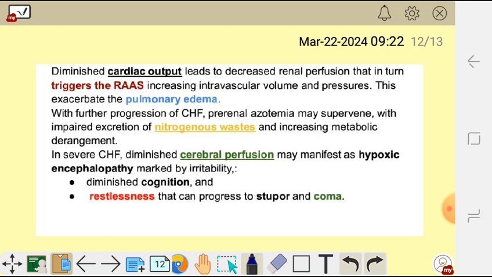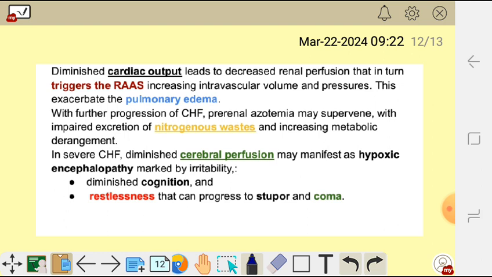Once renin is released, it is going to convert angiotensinogen into angiotensin 1, and angiotensin converting enzyme is going to convert angiotensin 1 into angiotensin 2, and that angiotensin 2 is going to cause release of aldosterone by the adrenal gland. And aldosterone, we know, is going to increase the intravascular volume by retaining salt in the blood.